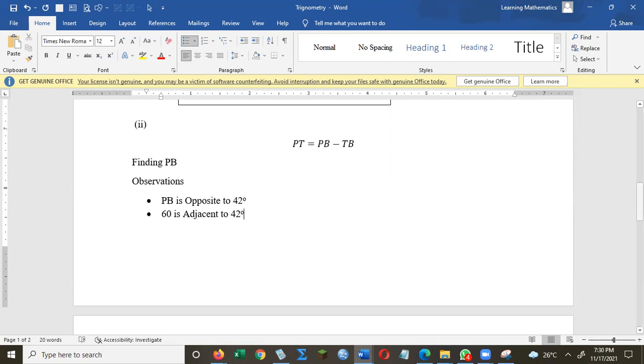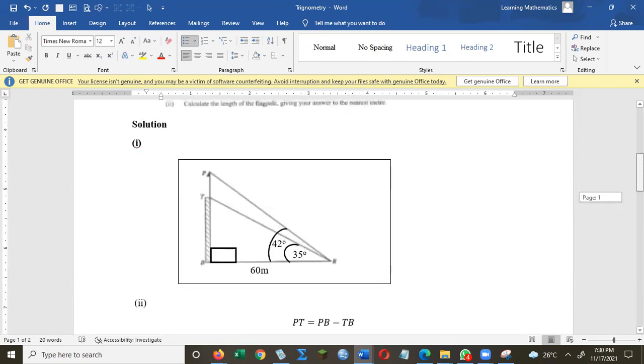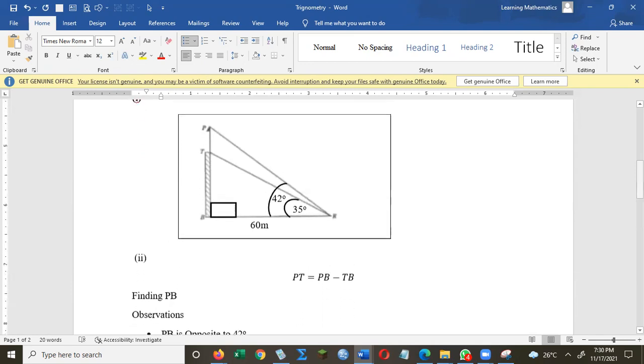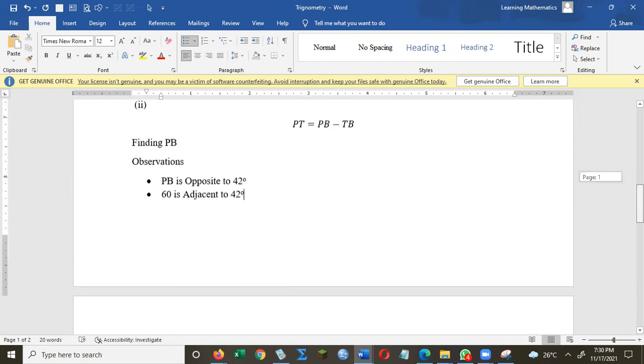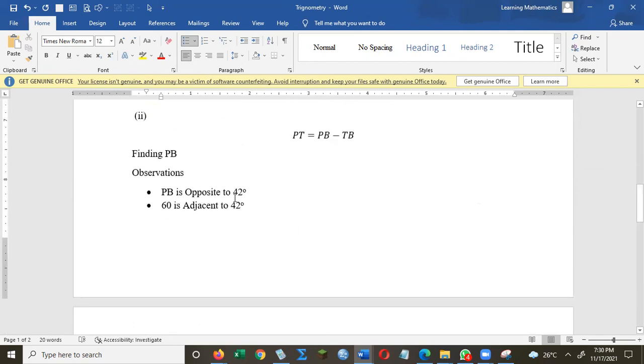The hypotenuse is PR, but we don't have any information for the hypotenuse. But those two pieces of information are sufficient. So you are dealing with opposite and adjacent.